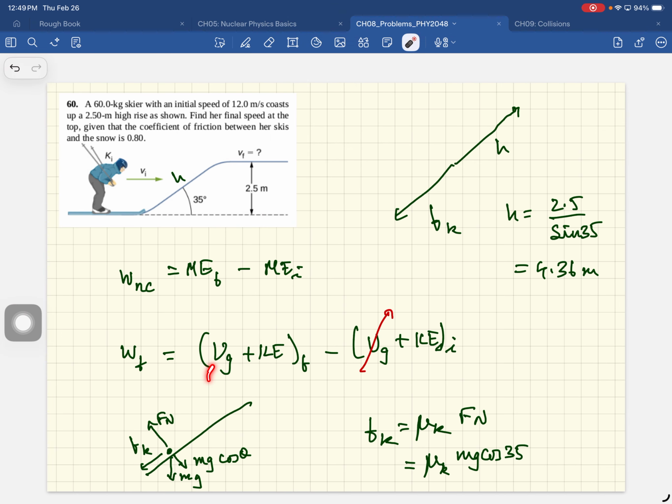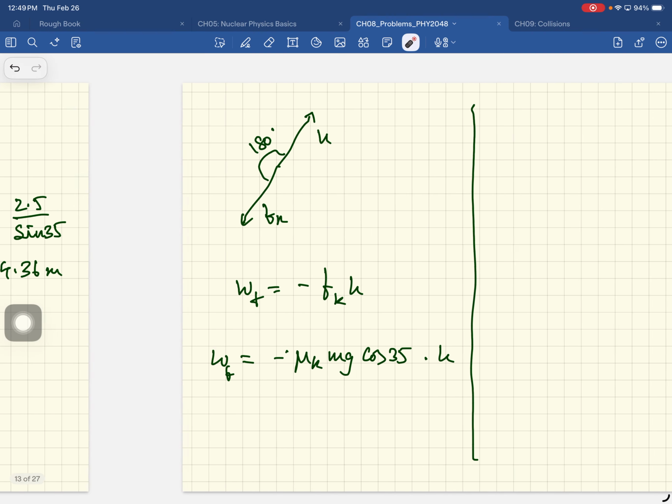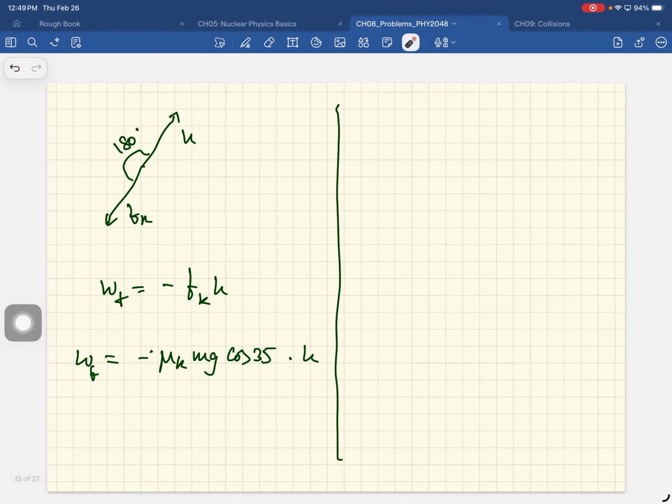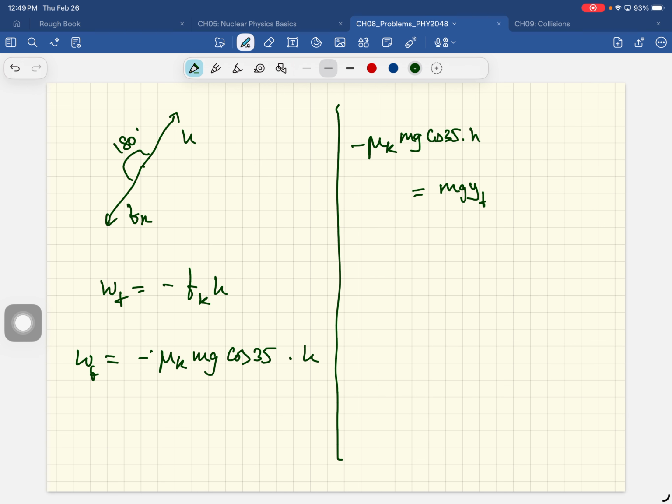This is mgy final, kinetic energy final minus kinetic energy initial. Okay, so let me write this over here: minus mu k mg cosine 35 times h equal to mgy final plus 1/2 mv final square minus 1/2 mv initial square.